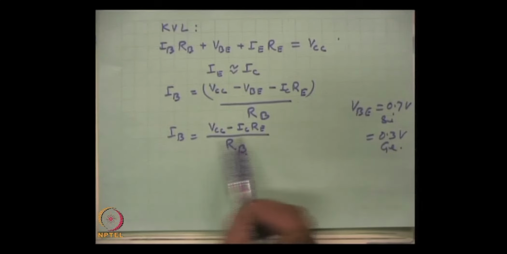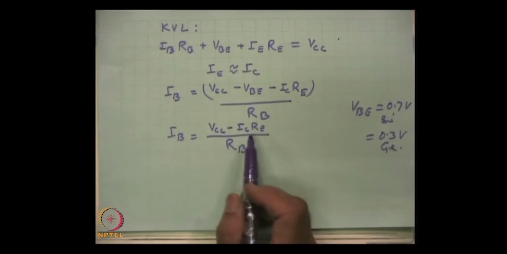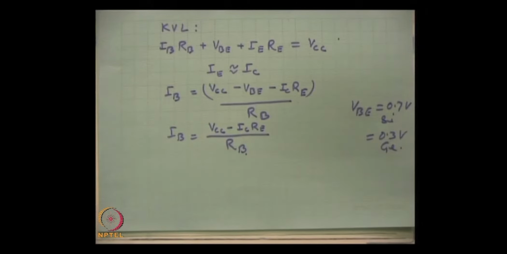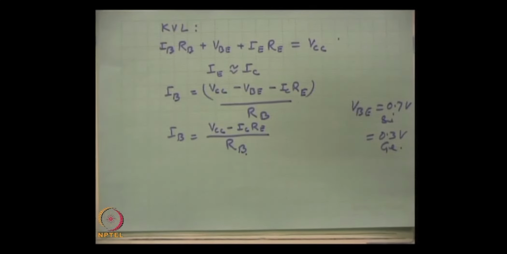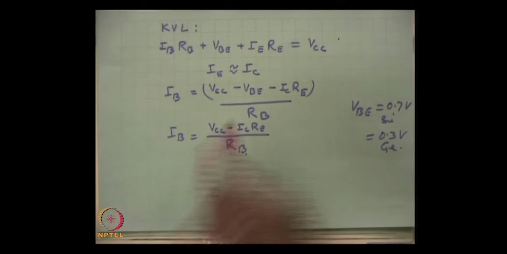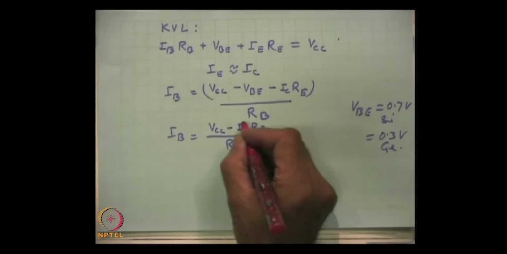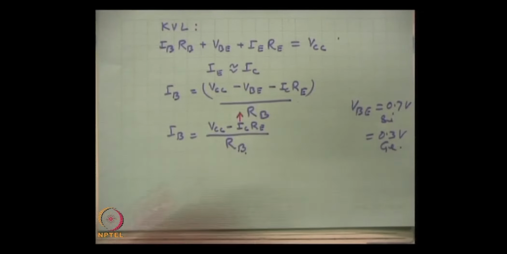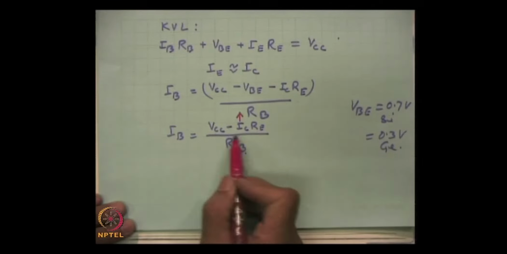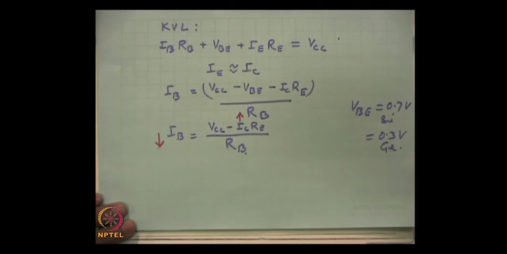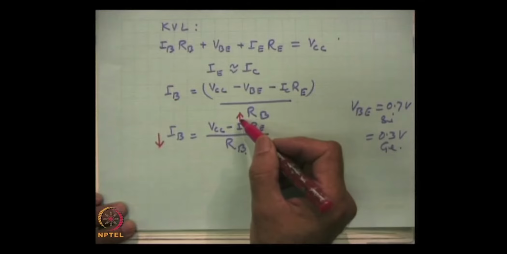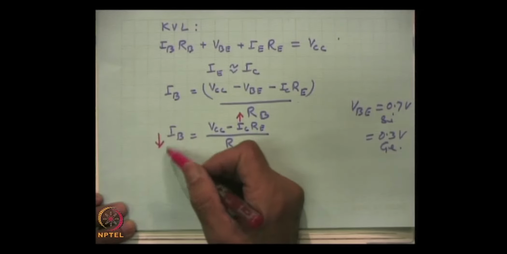Now, this negative feedback takes corrective measures. How? Let us look at this. For any reason, if the collector current goes high, then this term will be less, and obviously IB will fall down. So, the rise in IC will be checked by the fall in IB.